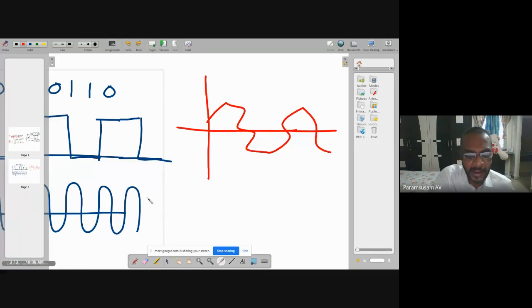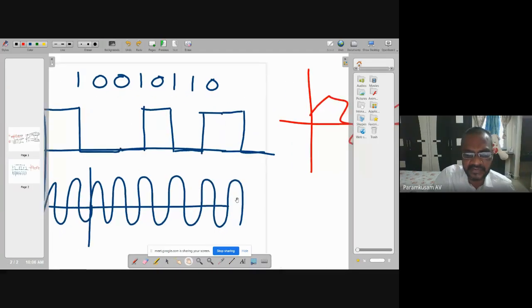So if the amplitude of the carrier is varied according to the amplitude of the message signal, then the amplitude of the carrier has many values. But in digital modulation, the amplitude of the carrier is varied according to the digital signal, which has only two values. That's why we use the word keying.